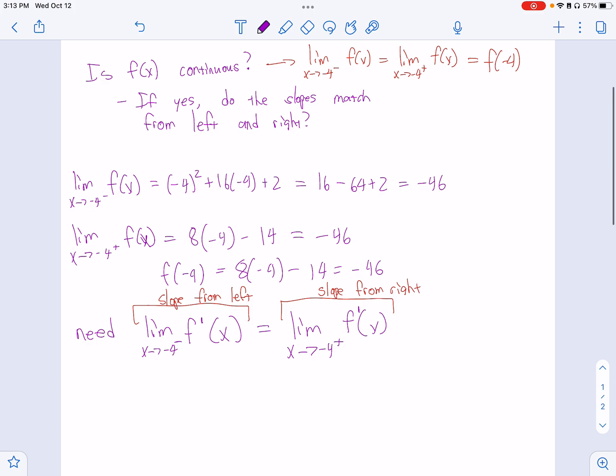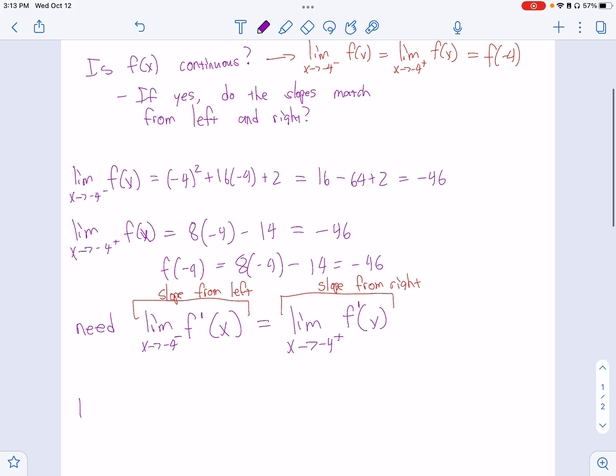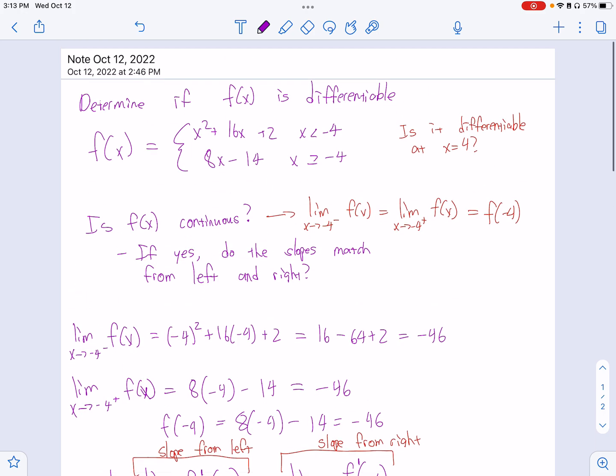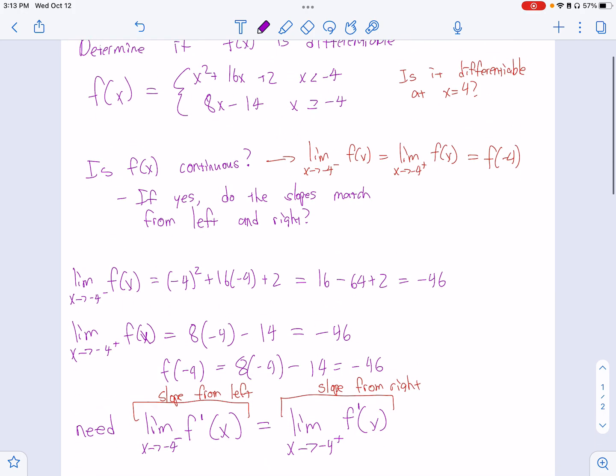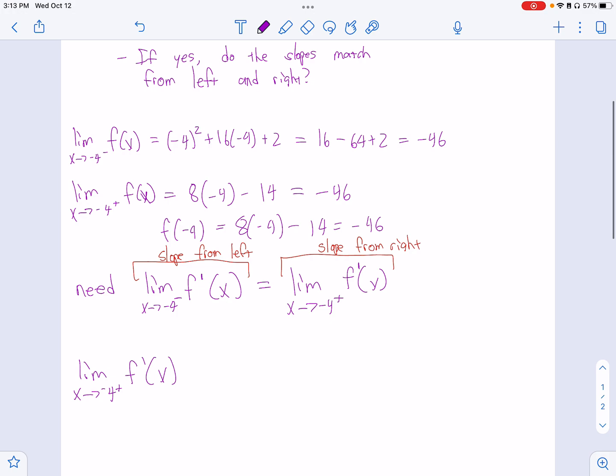The limit as x goes to -4 from the right of the derivative. Now I could work this out using the limit definition, but we know some things about derivatives. 8x minus 14 is a line with a constant slope of 8. So its derivative everywhere equals 8.